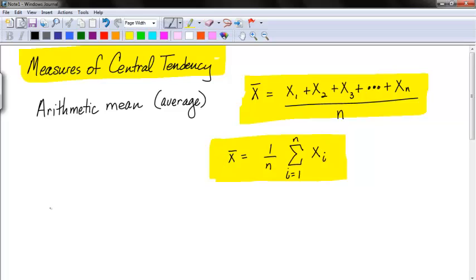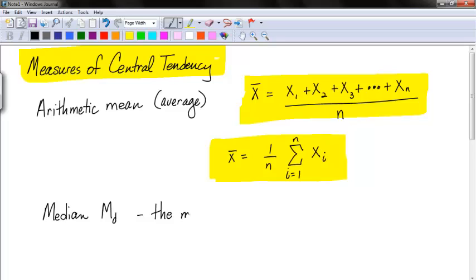The second one is the median. For the median, the symbol is usually an uppercase M and a lowercase d. That's the one in the middle. It makes a difference how many values you have.